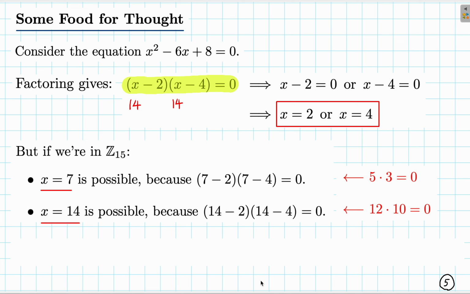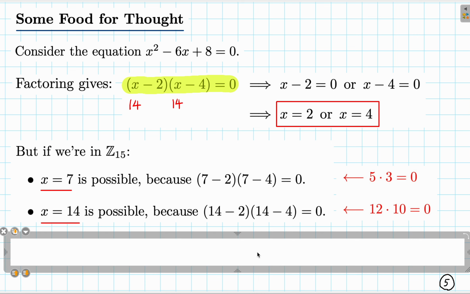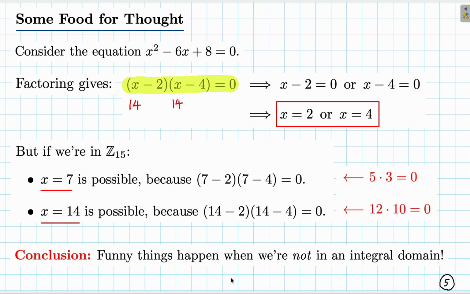So here's a takeaway from this example. Funny things happen when we're not in an integral domain. So when we're in Z15, which is not an integral domain, we could have strange things like having 4 solutions to a quadratic equation.